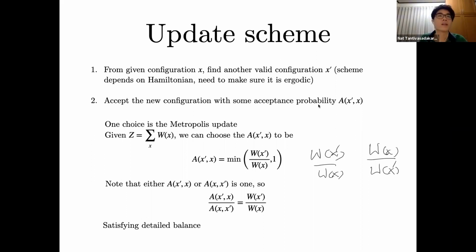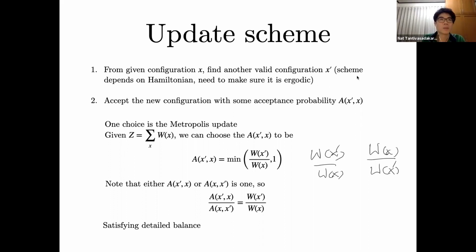Then in a bit, I'm going to talk about how to go between valid configurations. But first, this depends on the Hamiltonian you want to study. So now I'm going to narrow it down and focus mainly on the transverse field Ising model, and then I'll introduce a particular algorithm for that.